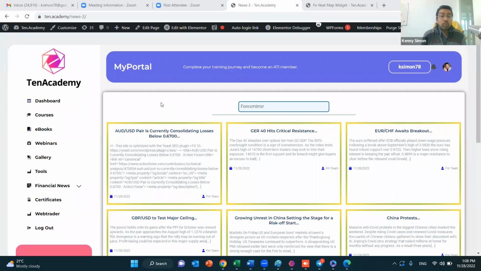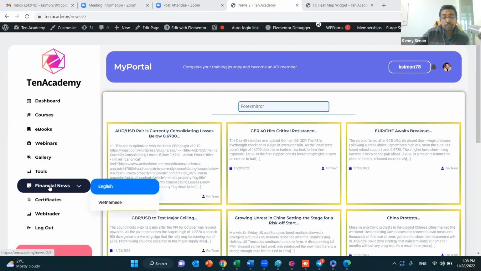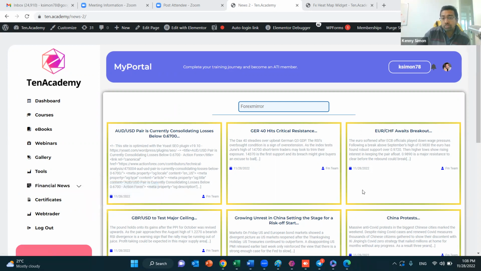This is where we could start off your day, by entering the TenAcademy's dashboard and clicking onto the news section. This is where you would be seeing the news section right here. We've got two available languages. Just click onto the language that fits you best. In this case, it's English for me, and when I click on it, it pops up with all these boxes.